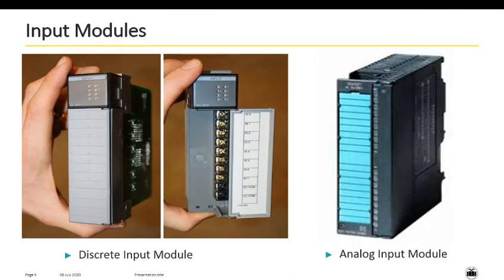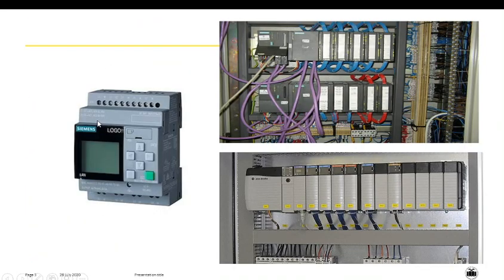Then the second submodule in the IO section is the input modules. If your PLC is a modular PLC, whose inputs and outputs you can increase or decrease, then in this case you can see this is an input card, a discrete input module, which is used to sense different DC or discrete signals.